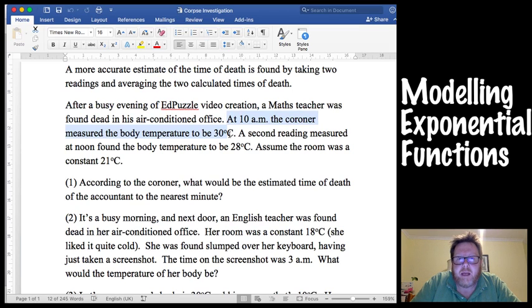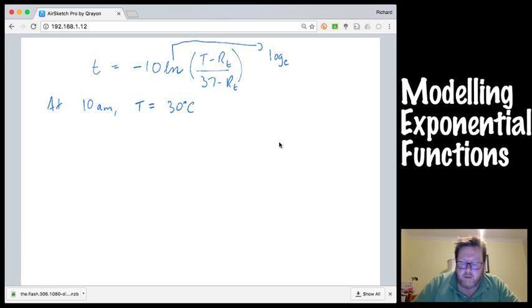The other fact we had was that the room was a constant 21 degrees Celsius, so r sub t is equal to 21 degrees Celsius. There we go. That's our setup, so we should be able to work out what t is.